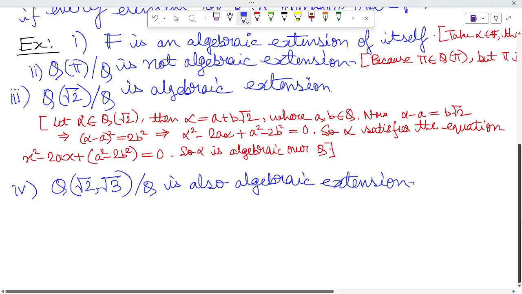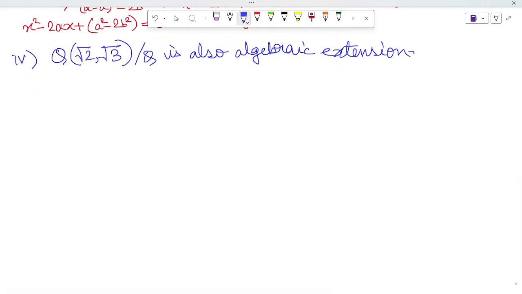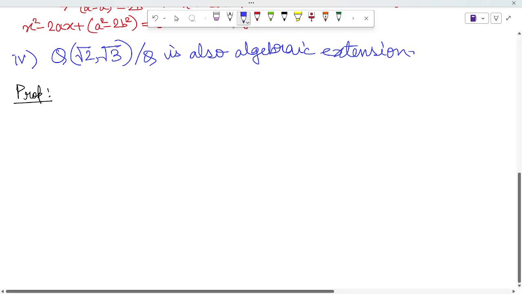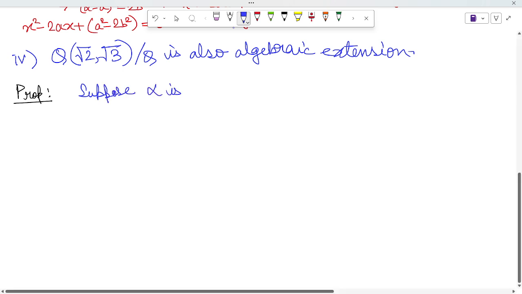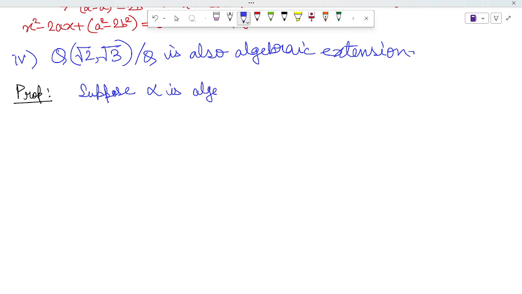First of all, some theorem, then we will try. First proposition. What does it say? Just a minute. Suppose alpha is algebraic. There is no mention of field extension right now in that statement. Alpha is algebraic, so it is an element.